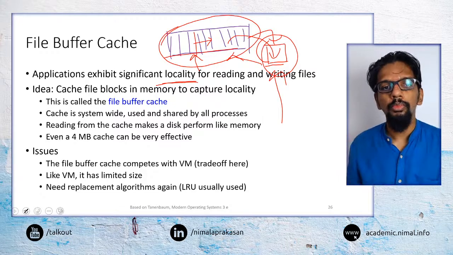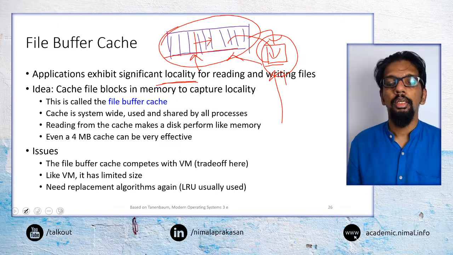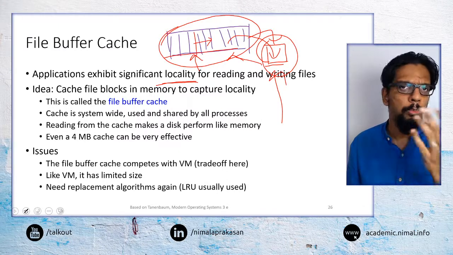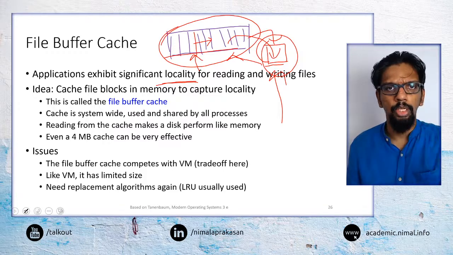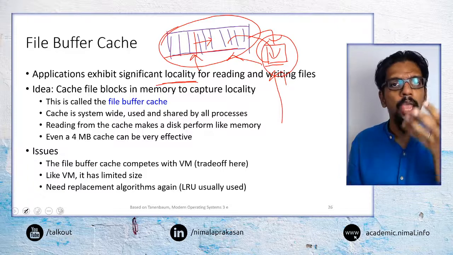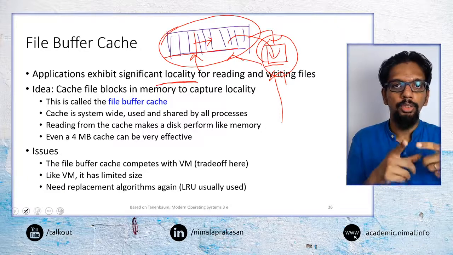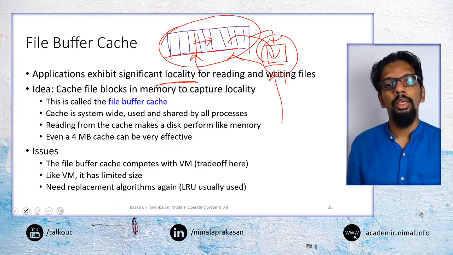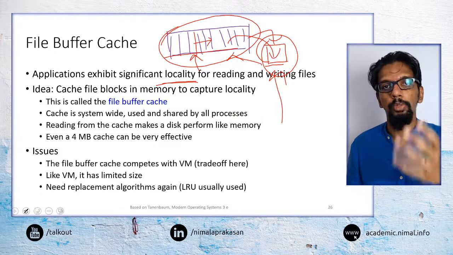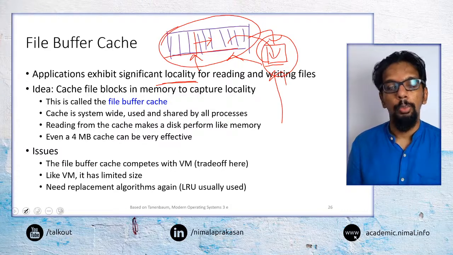So that is what we may call a file buffer cache, and this may be found in a number of storage mechanisms. Say if you think about a hard disk or an SSD, they may advertise in their specifications as having a particular size of file buffer cache, like 4 MB or 2 MB or something like that is common to be found.